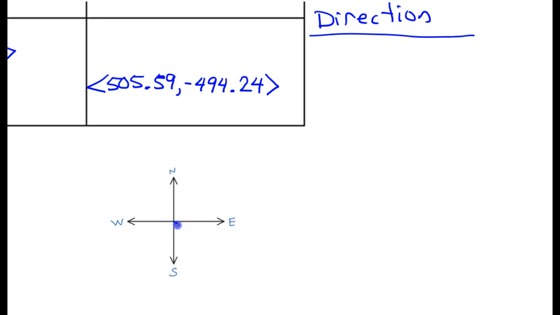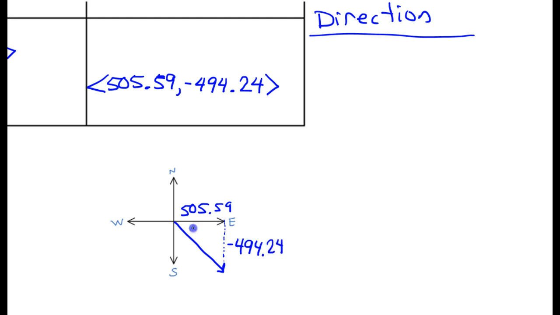Either way you look at it, we are in the fourth quadrant. So let's make a little triangle out of this for our calculations. So this is to the right 505.59, and it is down, so this is negative 494.24.